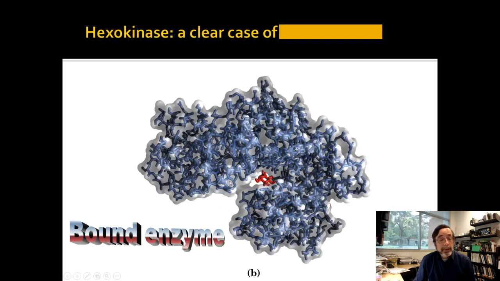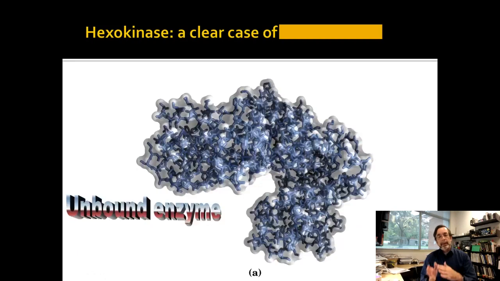If you can see my arrow, you can see that the ATP binding site is located between the two parts of the enzyme. That's only brought together when the sugar binds first. The sugar has to bind and bring the site together. If there's no sugar, look what happens to the site. It completely falls apart. So the ATP binding site is in two halves, and they are only brought together by the sugar being there in the first place.